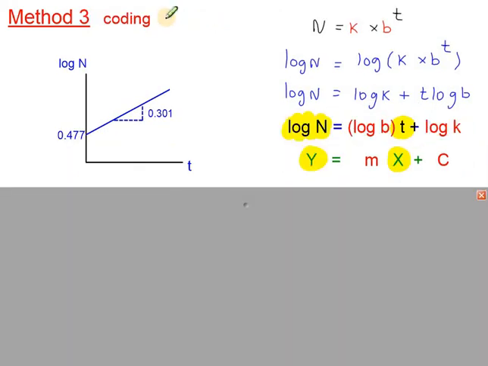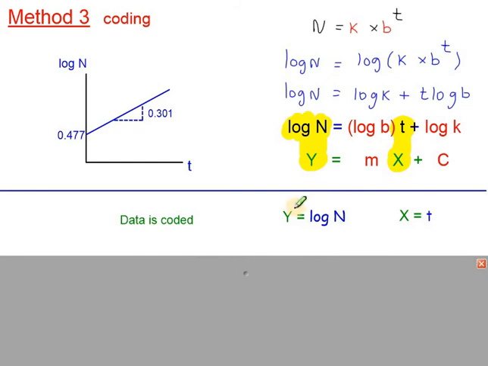Now in method 3 we use something called coding, also known as change of variable. So we're going to replace log n with y, the change of variable, and we replace the t with x, again change of variable. This is called coding. So we use these.